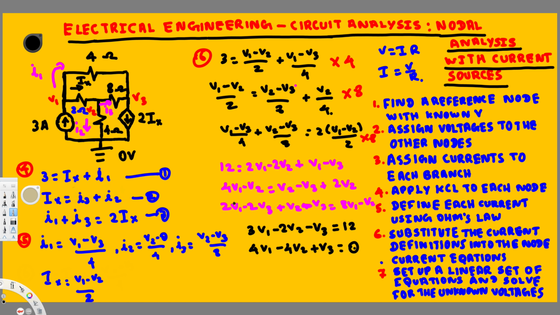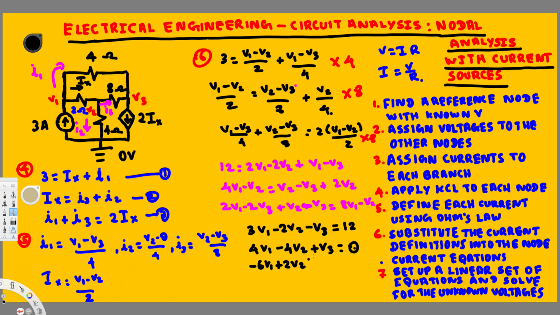And the third one, we have 2v1 already, and if we bring this 8v1 to this side, that's going to make this one minus 6v1, because this is going to become minus 8. Then for v2 we have 1v2 right here, so that's going to make this one plus 2v2, right?